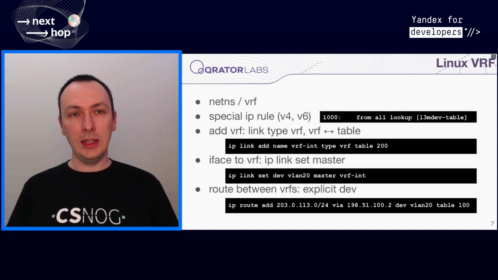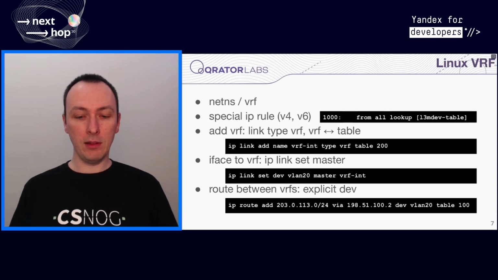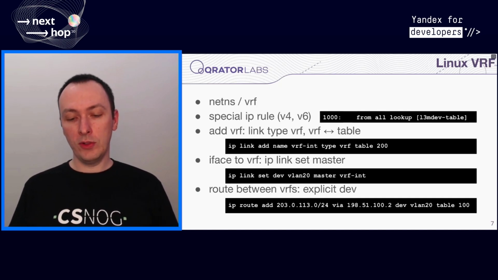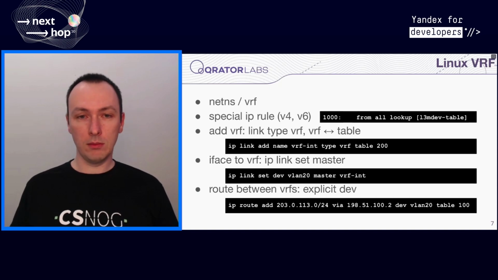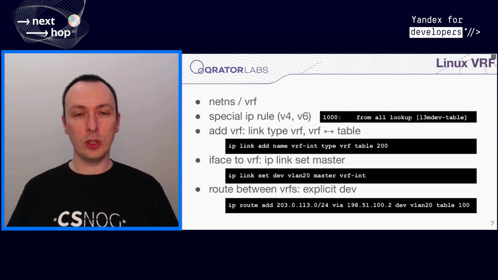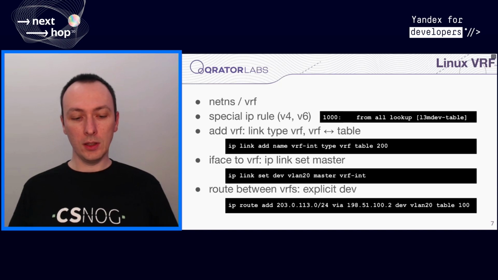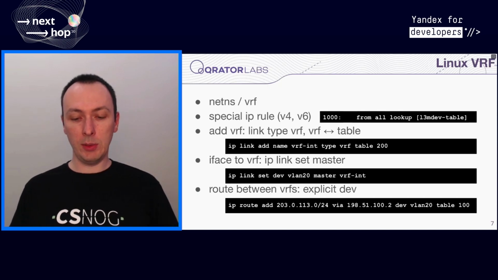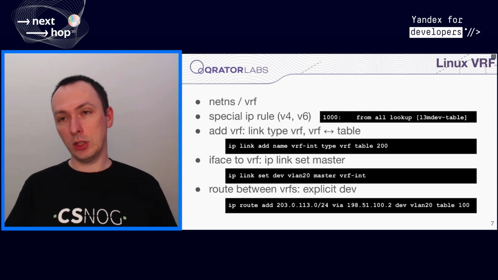So in case you're working with the VRF, in order to manage the routing, you have to develop a special rule, an IP rule, which defines what VRF this or that packet is attributable to, and actually it would send that to a special routing table. A special VRF interface would be set up, and the table would be connected to that, or pegged to that, or linked to that.